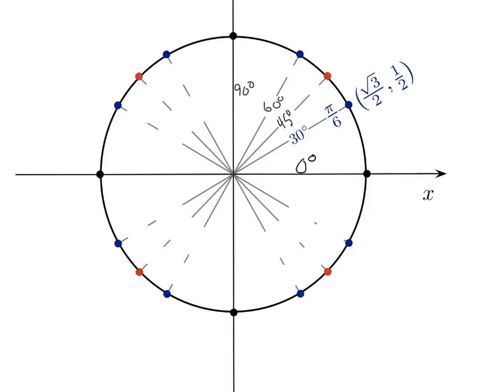How many degrees past 90 is the next angle? 30 additional, so that's 120. The next angle is more related to the 45, right? So that's 45 degrees past 90, or 135.